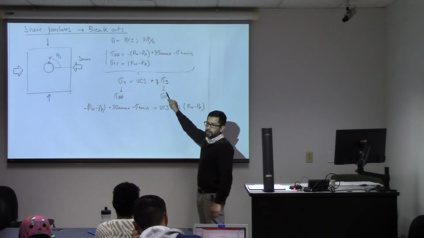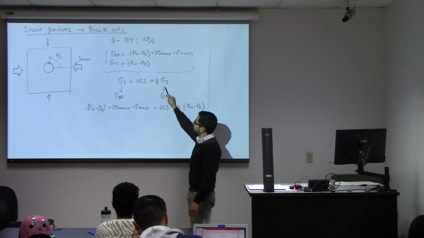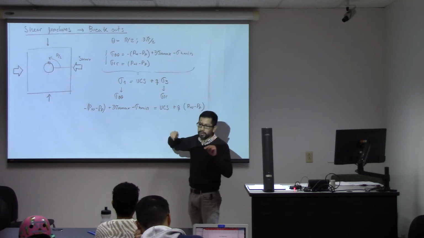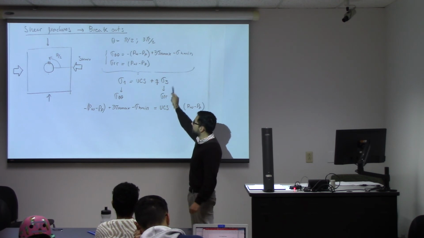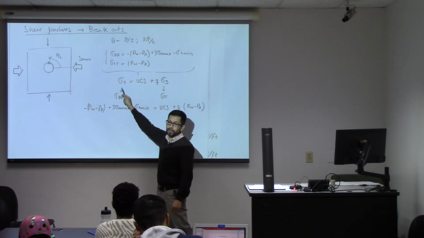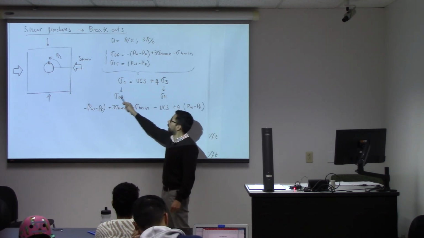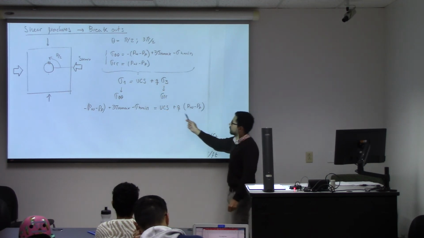Sigma 3, it's the confining stress. It's the effective confining stress. By increasing sigma 3, your rock gets stronger. And that sigma 3 in this case, it's the wellbore support.